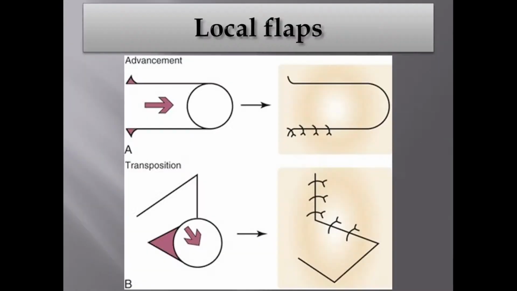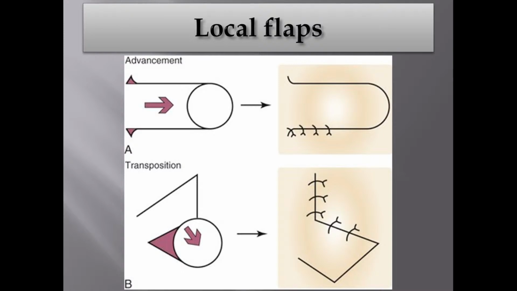Next classification, according to the donor site, is another big classification. The same we can say about local flaps: advancement flap, rotation, transposition, interpolation, distant, pedicle, and free. The same, but all in one.